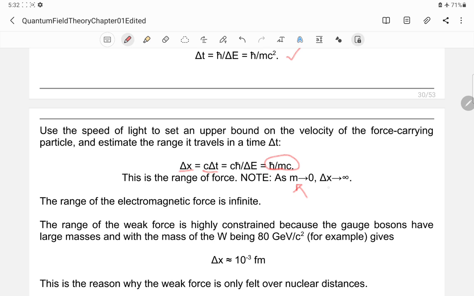That's the explanation why the photon interacts to infinity, the range of the electromagnetic force. Of course, for the gluons, mass is also 0.